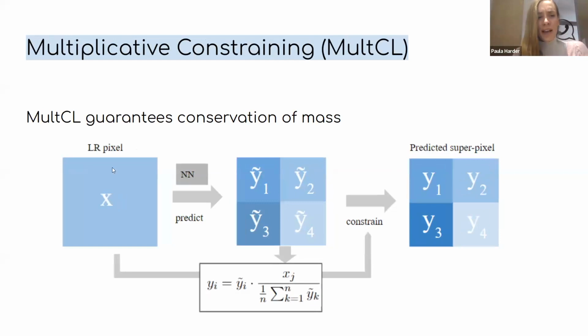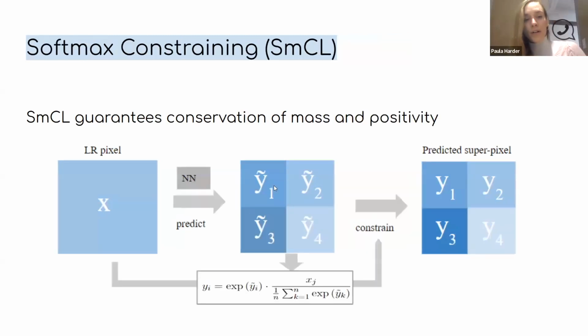We can do the same with a multiplicative readjustment, where again by construction the sum, or the mean, would cancel out, and the mean over the yi's would be xj. And then, it's basically like a softmax layer, but with a scale with xj.